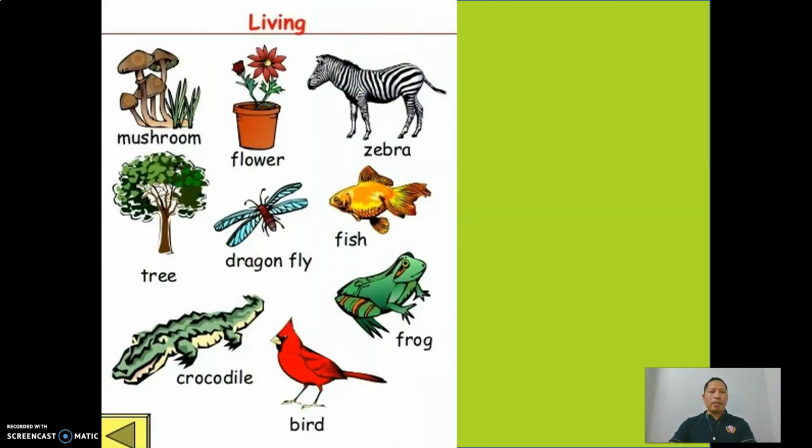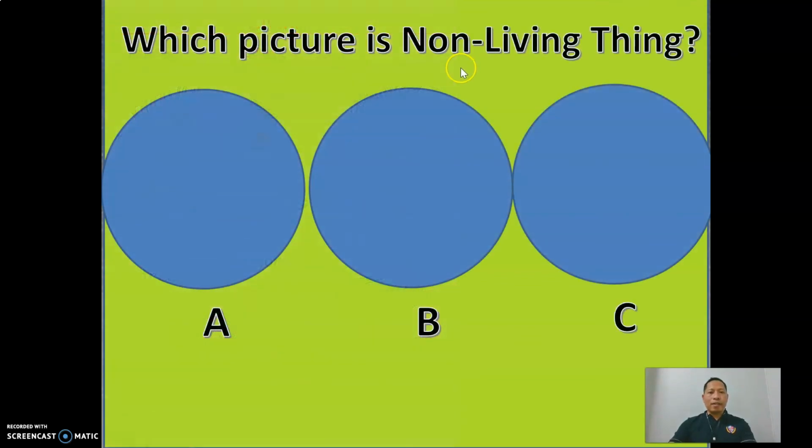Next picture. These are living things: mushroom, flower, zebra, tree, dragonfly, fish, crocodile, bird, and frog. These are living things. Okay, last. Which picture is a non-living thing?